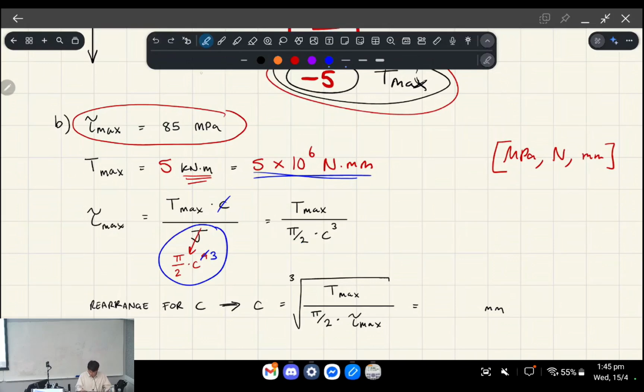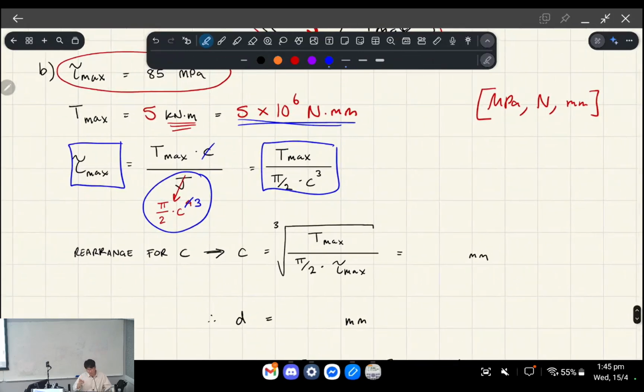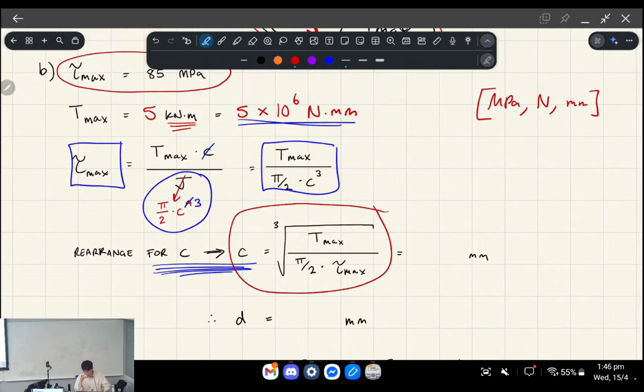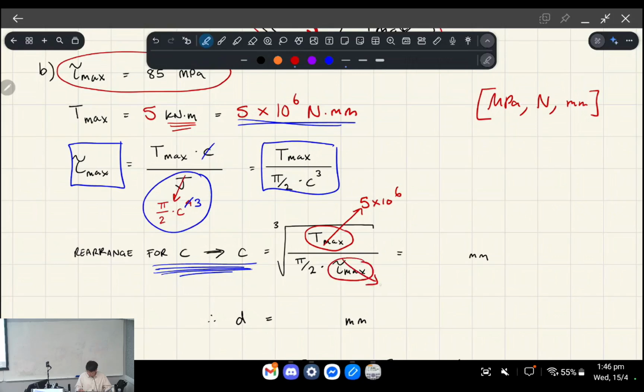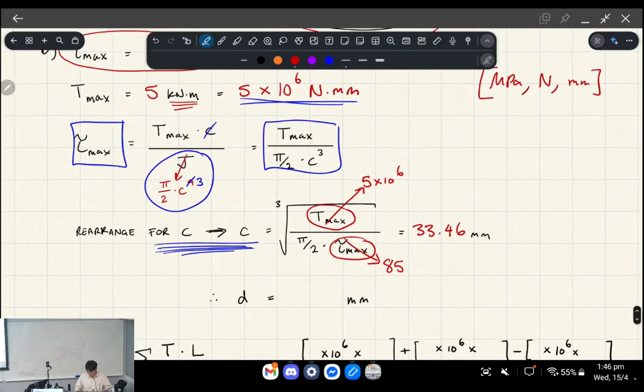Equating the left-hand side with the right-hand side, we can rearrange for c, and it results in this cube root. So we can find what the radius is based on this. The max torque is 5 times 10 to the 6, and the max shear stress allowed is 85. When we punch this into the calculator, we get 33.46 as a radius. But the question is asking for the diameter, and the diameter is twice the radius, so that gives us 66.91 millimeters.